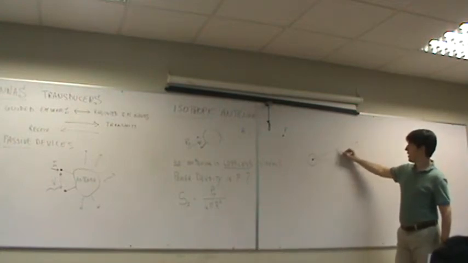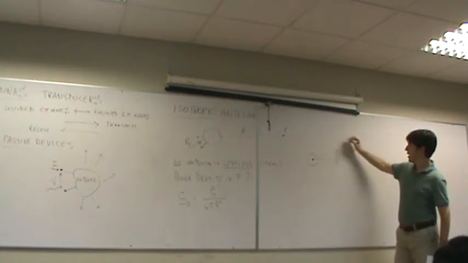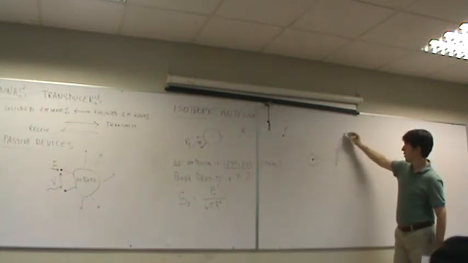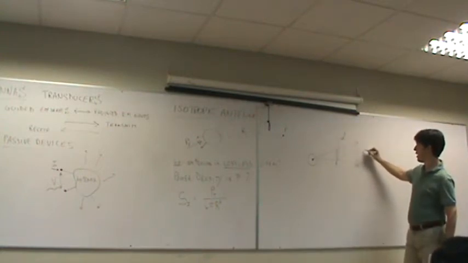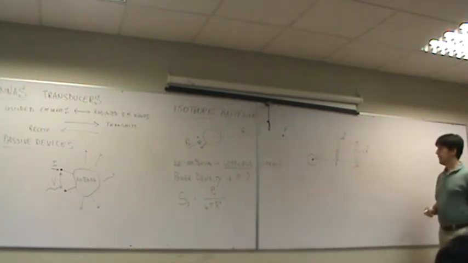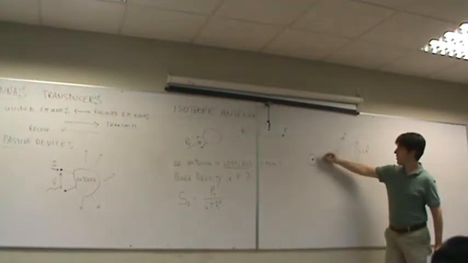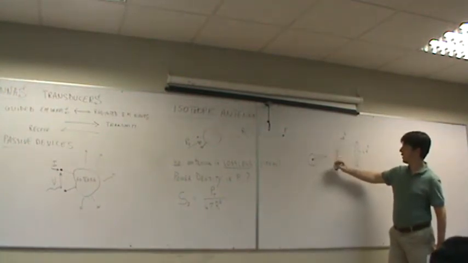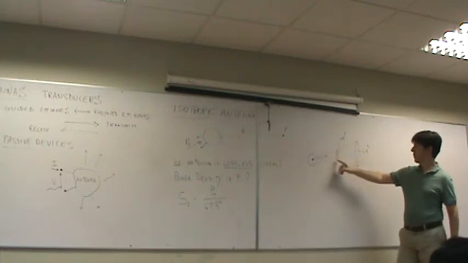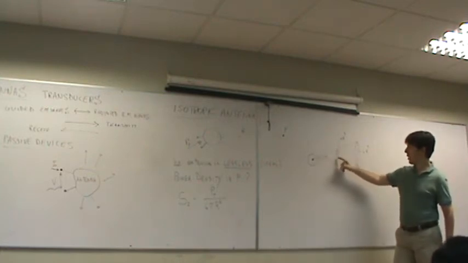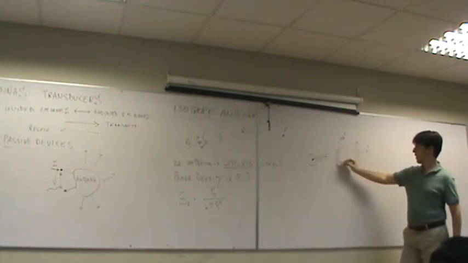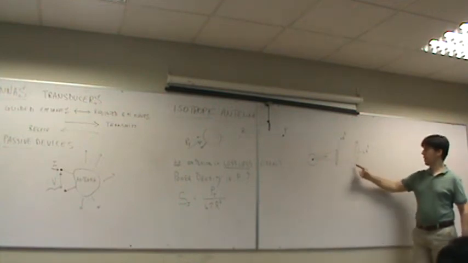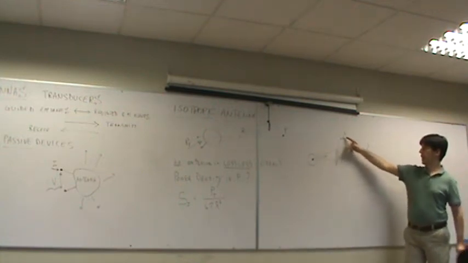It happens that this area here is proportional to R squared, and since in this cone the total power is constant, the power is spread over an area that is increasing with R squared.